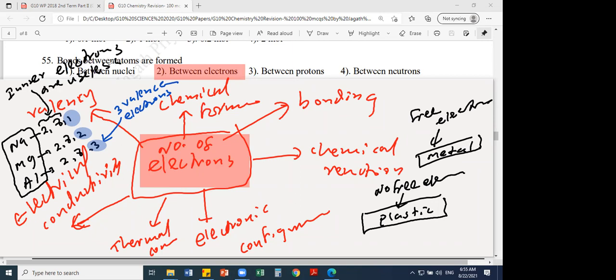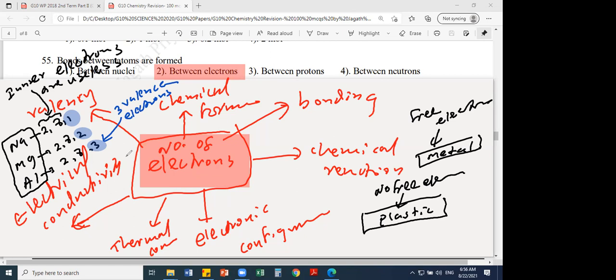Just to understand this easily, I will have to tell this. Inner electrons cannot conduct electricity. Inner electrons cannot conduct heat. Inner electrons cannot participate in bonding. Inner electrons cannot participate even in chemical reactions. Do you understand now? Now you understand the importance of writing the configuration.